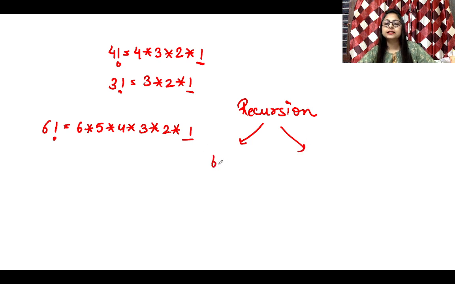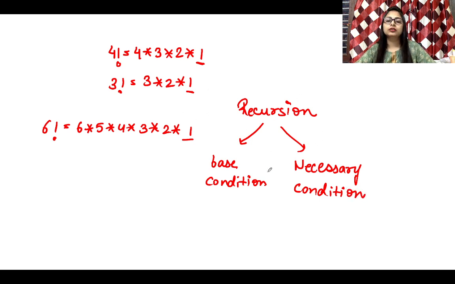First is the base condition, and second is the necessary condition. The necessary condition is the condition which is used for computing recursion, for computing our problem. And the base condition is where we have to stop.